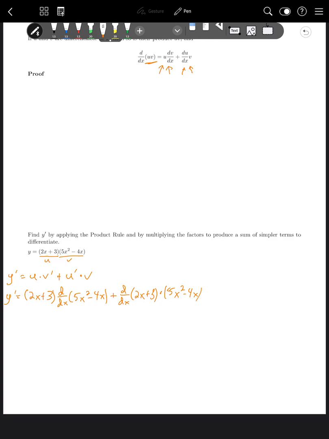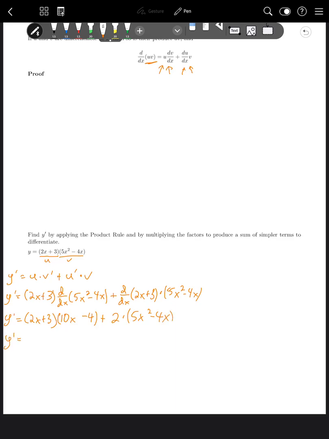Okay, and we're just going to go and multiply those out. So this will be y prime equals 2x plus 3 times the derivative here. So the derivative of 5x squared is 10x minus 4, right? The derivative of 4x is just 4. Plus the derivative of 2x plus 3, well, the derivative of 2x is just 2, and the derivative of 3 is 0, so that'll just be 2 times 5x squared minus 4x. And then we'll multiply those out.